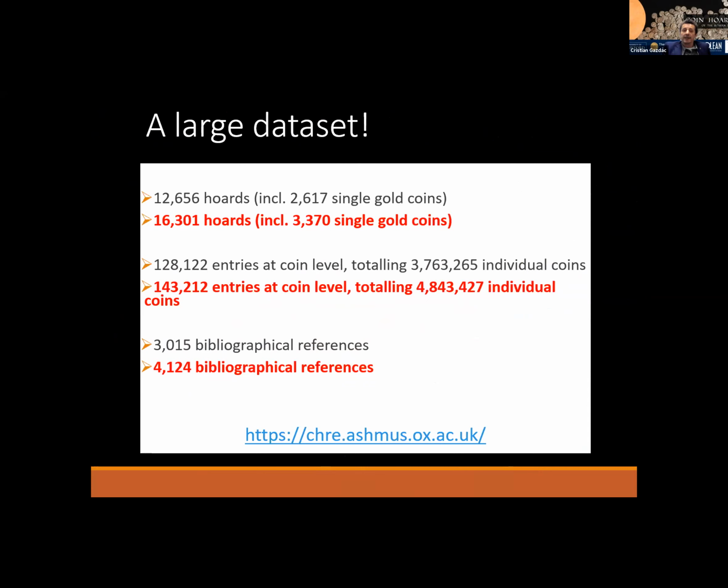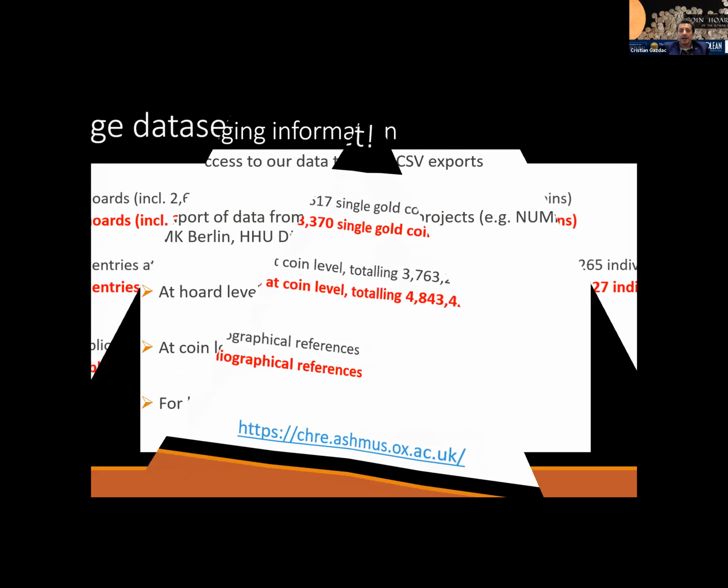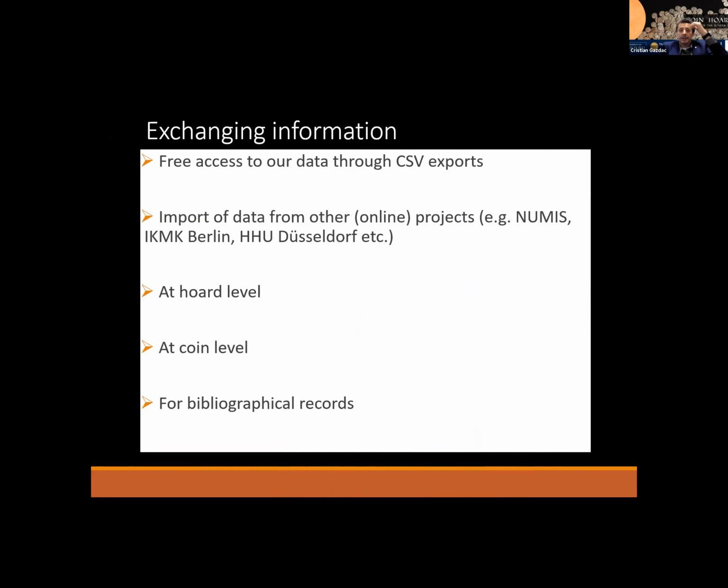Look at the red digits now, and I think it's a pretty important database for any numismatist, archaeologist, historian going to use it for open access. And as Andy was already speaking about vocabulary and grammar, that's what we are trying to do also for SHRE.